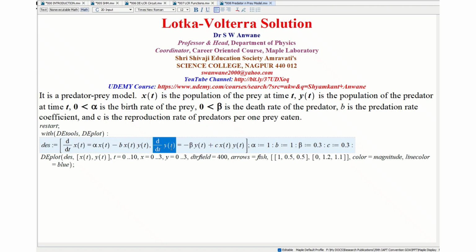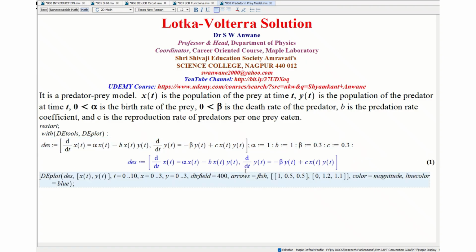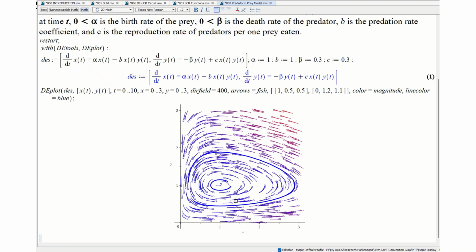Then dy by dt is equal to minus beta times y of t plus c times x into y. We can choose certain values of a, b, c and beta, and for that we can generate a DE plot which is cyclic in nature.